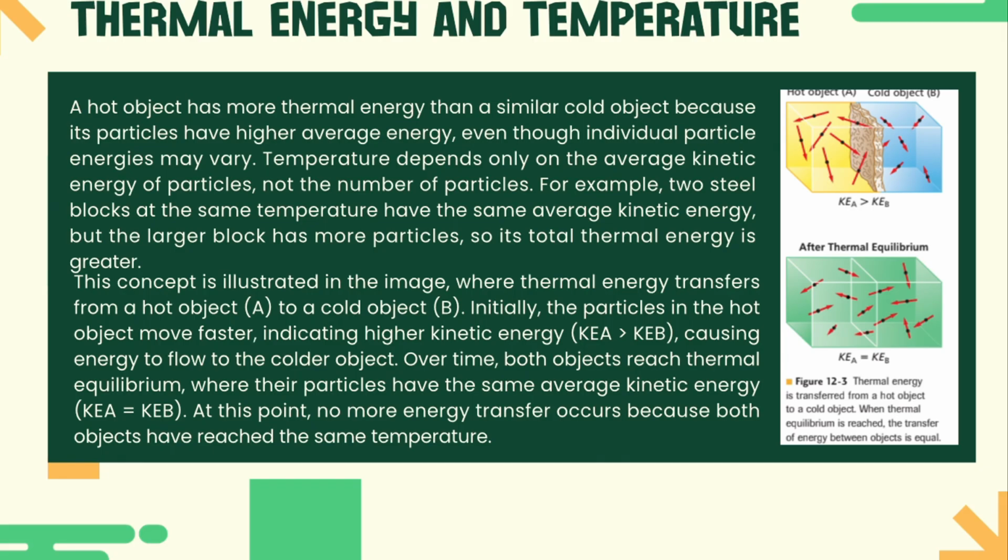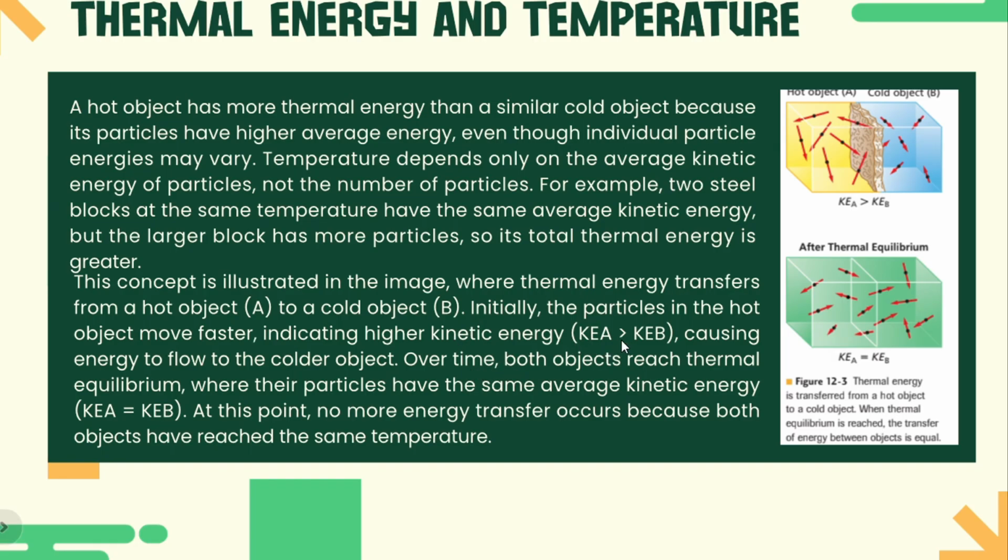This concept is illustrated in the image where thermal energy transfers from a hot object A to a cold object B. Initially, the particles in the hot object move faster, indicating higher kinetic energy.